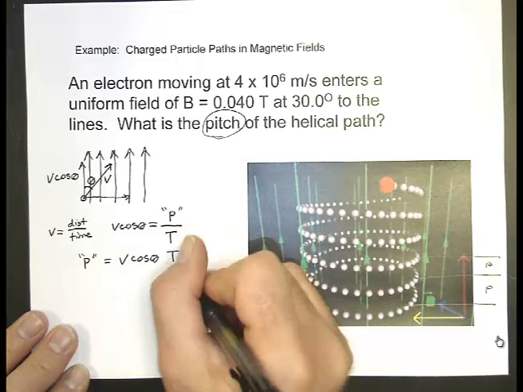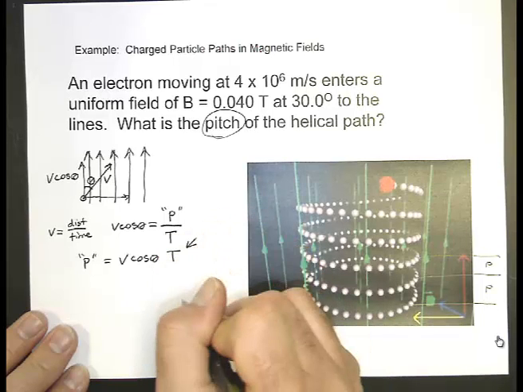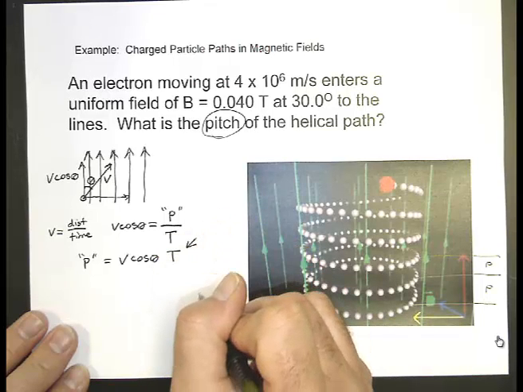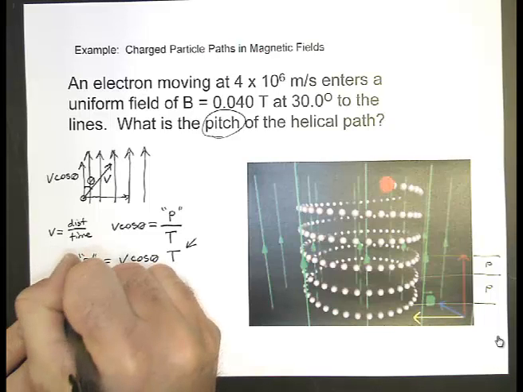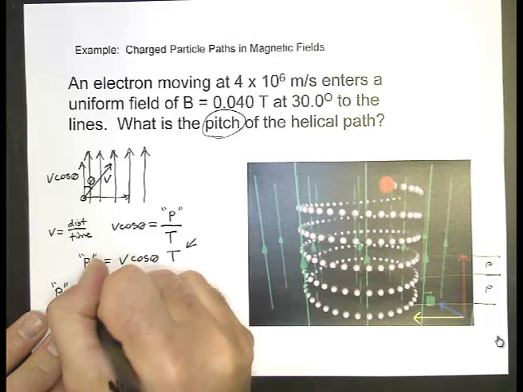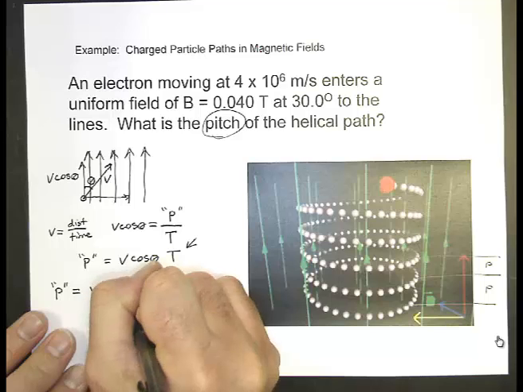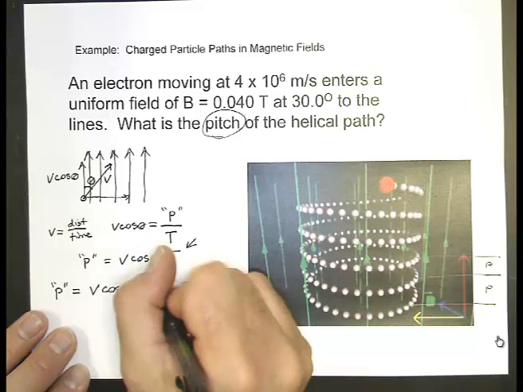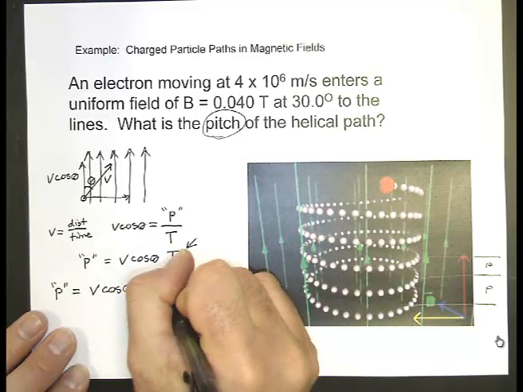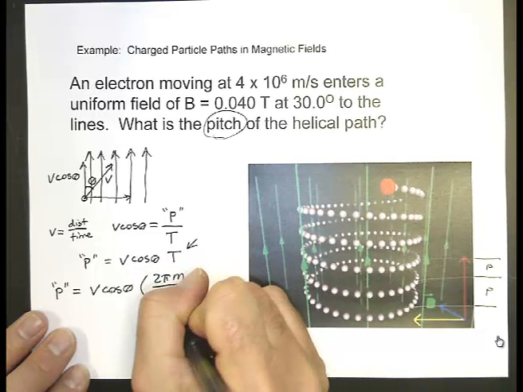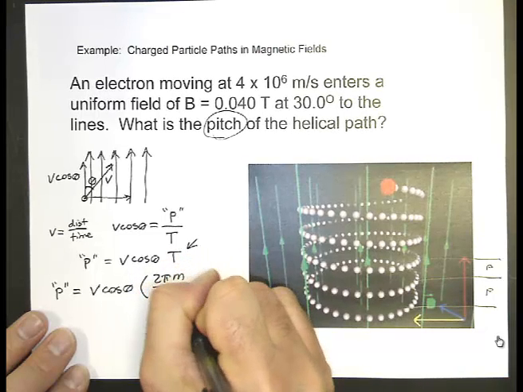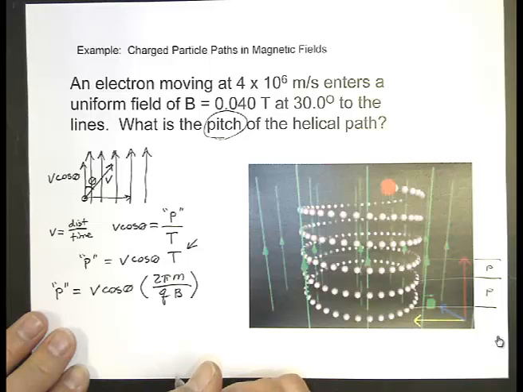Now we said earlier that t is equal to 2 pi m over qB. So I'm going to rewrite my equation to say that it's going to be v cosine theta times the period, 2 pi m over q times B. And we're going to go ahead and put in our numbers.